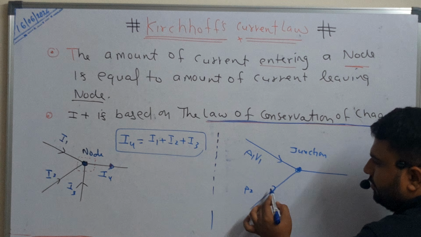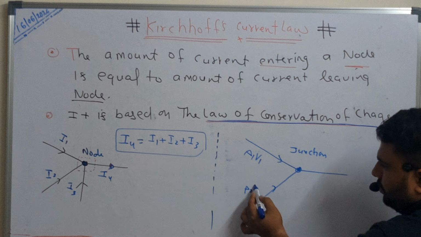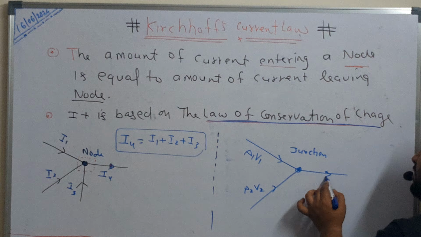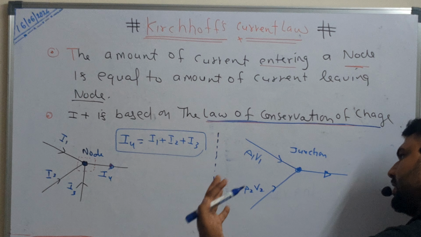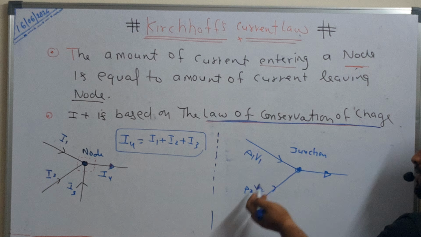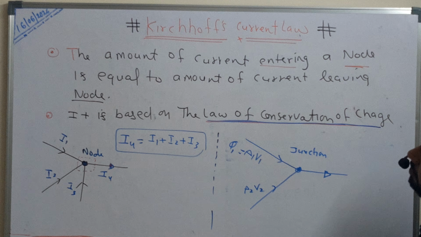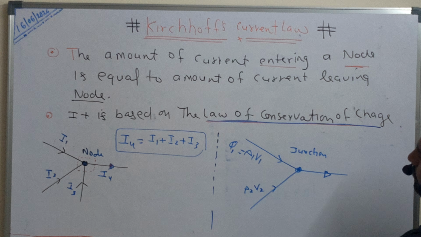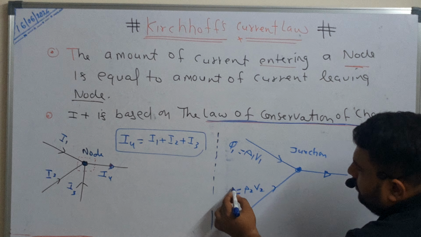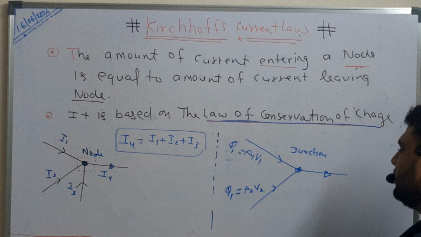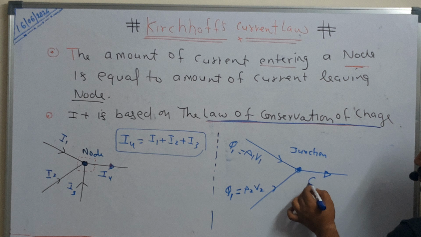This is also coming with velocity V2, area A2. Then the water coming toward the junction is A1 V1, that is Q1. Q1 means the rate of flow of water. This is Q1, this is Q2, and this is Q3.